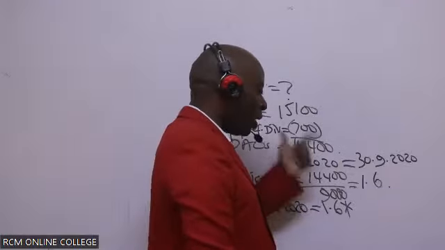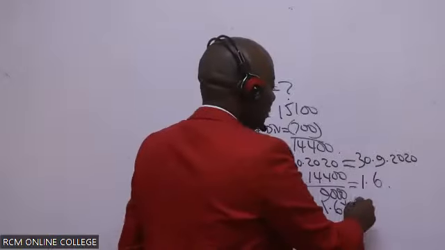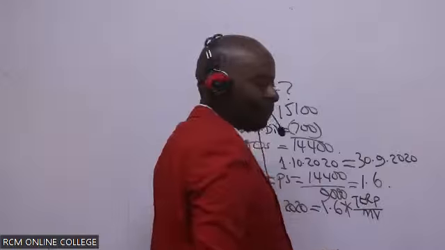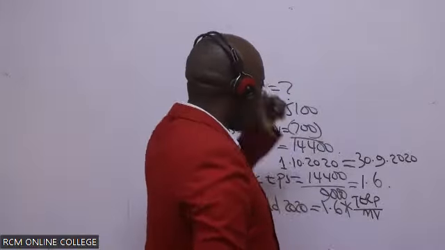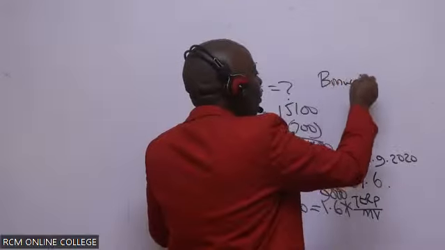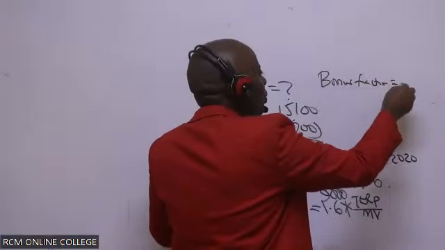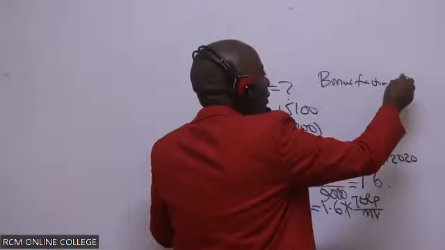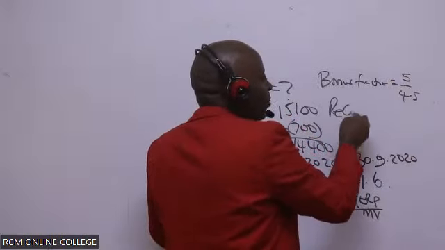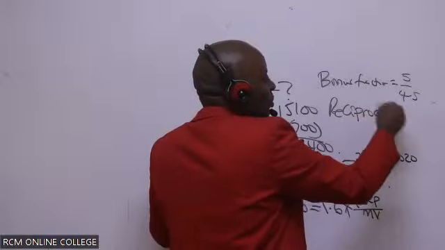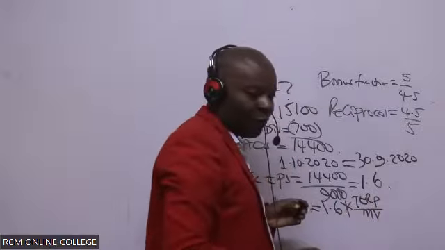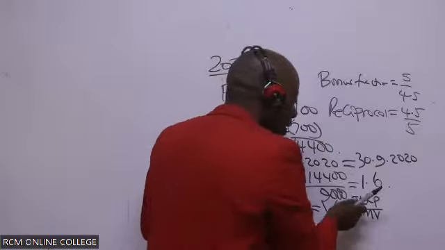Reciprocal means you start with the term over MV; you change the denominator to become the numerator. Our bonus fraction was 5 over 4.5, isn't it? So the reciprocal will be 4.5 over 5.